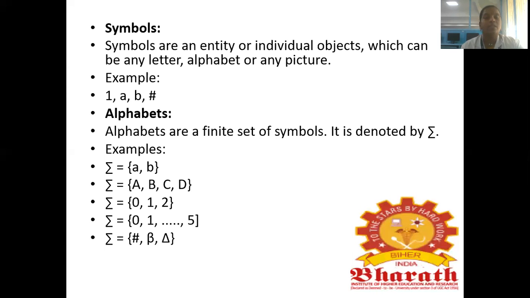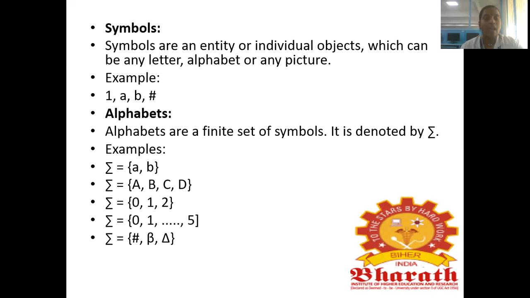For example, 1, A, B, C, and hash. Here 1 is a number, A and B are characters, and hash is a special symbol. All special symbols and any symbols can be used for finite automata machines. It's called the symbol entity.